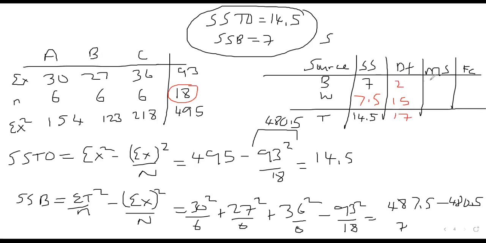Write this in there, 3.5. 7.5 divided by 15. What do we get? 0.5. Then we divide 3.5 divided by 0.5. Our F calculated is what? 7.